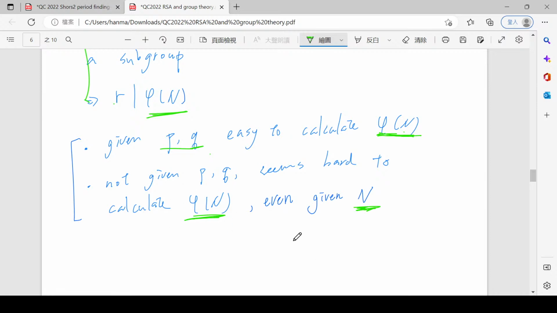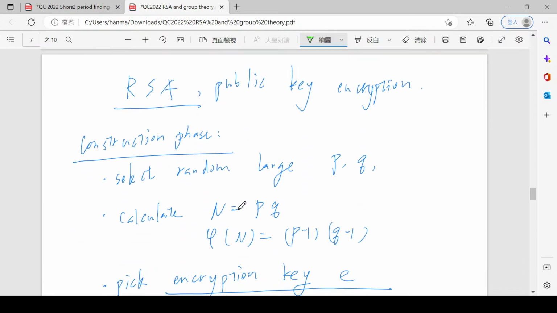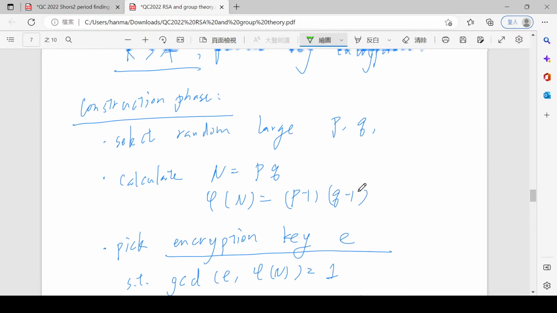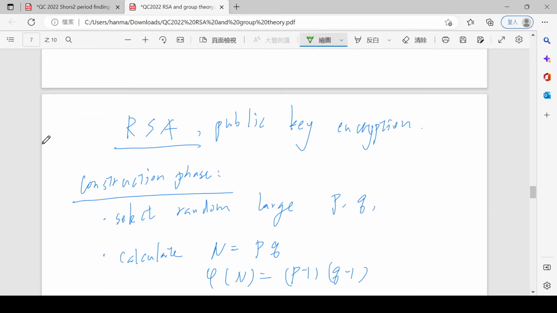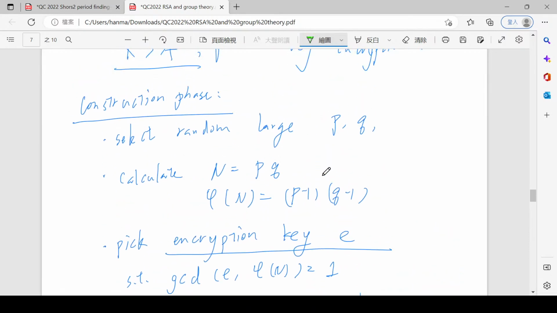Okay. So finally, let's go to RSA. It's a public key encryption system, so let's see how it works. First we start with the construction phase. As we said, we want two random large prime numbers, p and q, that are hard to guess.